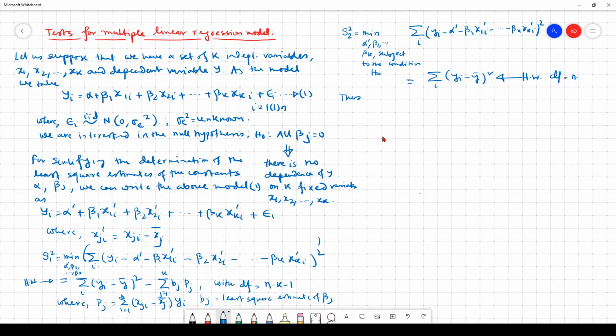So the degrees of freedom is n minus 1. Thus S2 square minus S1 square is equal to the sum over j from 1 to n of bj Pj.